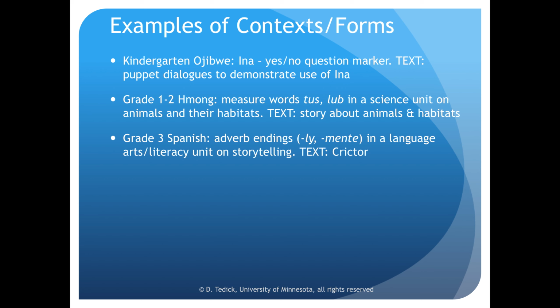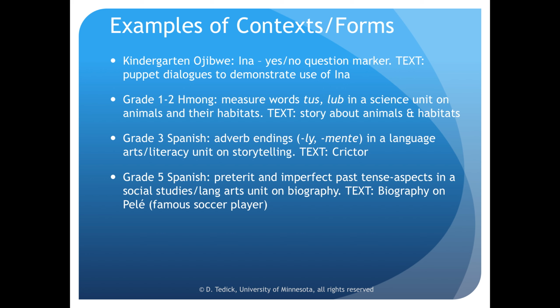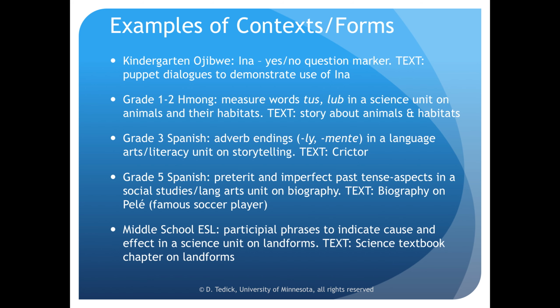And so they had a language arts or literacy unit on storytelling, and they focused on this particular form. Grade 5 Spanish, they were learning the preterite and imperfect past tense aspects in a social studies or language arts unit on biography. And biography is such a great context for past tenses, right? And so the text that they used to initially contextualize this form was a biography on Pelé, a famous soccer player, and I'll show you that in just a moment.